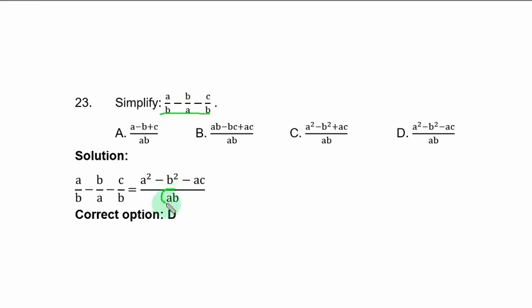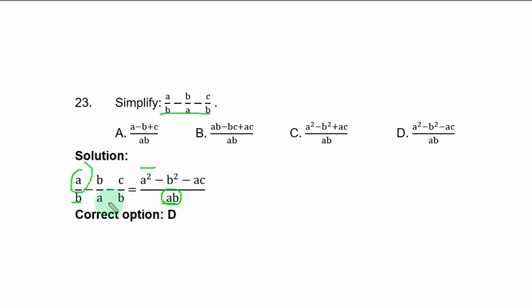What you do next is that you divide the LCM by each denominator, and your answer times the corresponding numerator. So you have ab, divide by b, you have a times a, you have a squared.